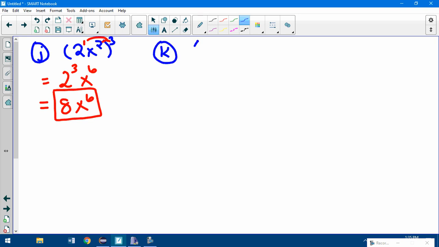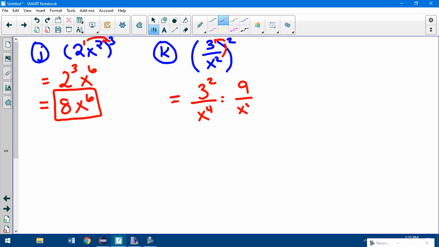How about 3 over x squared, all squared. Think about that one for a second. Well, if you're thinking the same as last time, I would put that 1 here, and the exponent's going to go to both pieces. So that's 3 squared over x to the 4th, so 9 over x to the 4th.